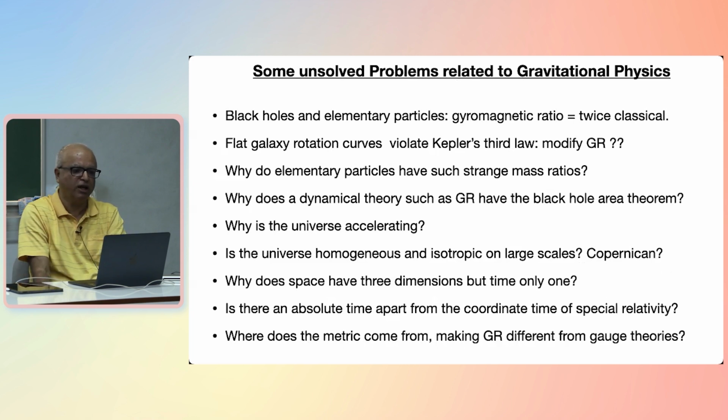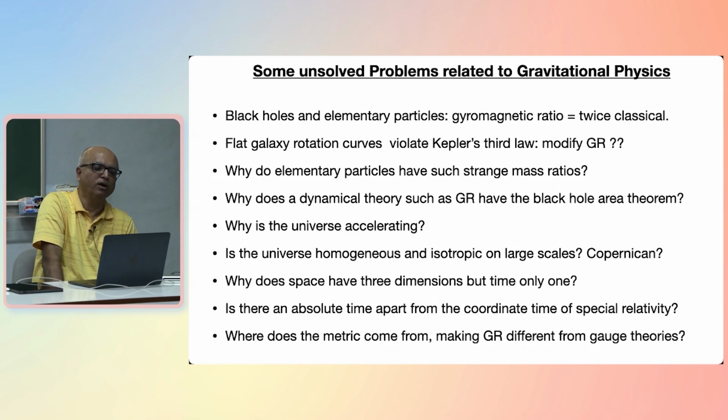What sets a time limit of 10 to the minus 27 on the quantum of time? Why not any other? Very good question. The weak interaction has a length scale of 10 to the minus 16 centimeters. I think it's roughly around that. We have some understanding of where this 10 to the minus 16 centimeters comes from.